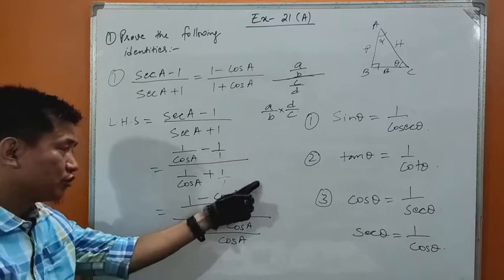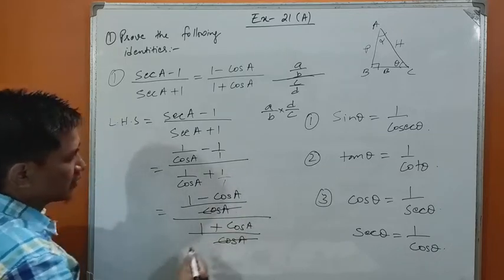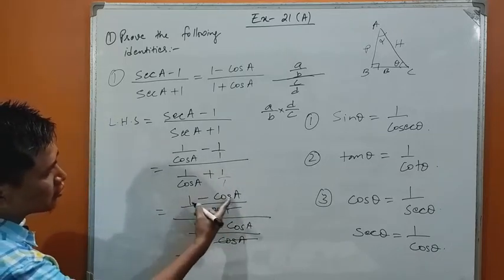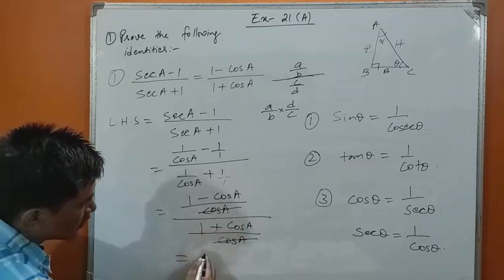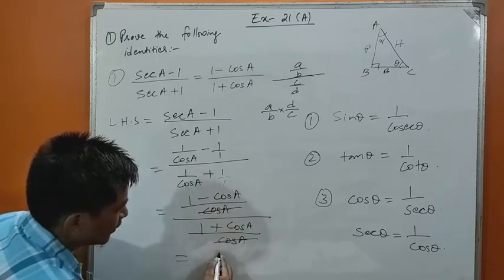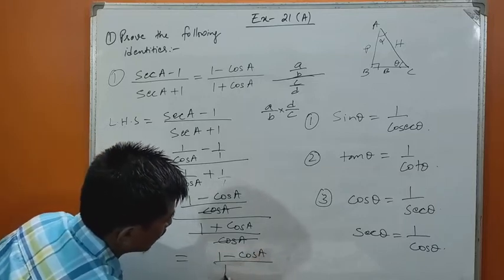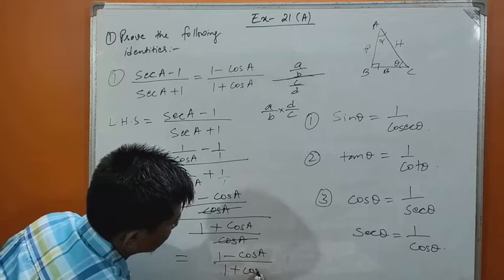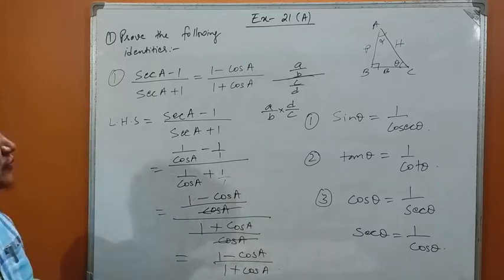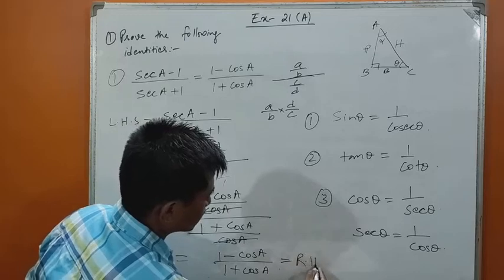So the numerator cos a and this cos a can be cancelled. So now we have 1 minus cos a upon 1 plus cos a. Left hand side equals right hand side, hence proved.